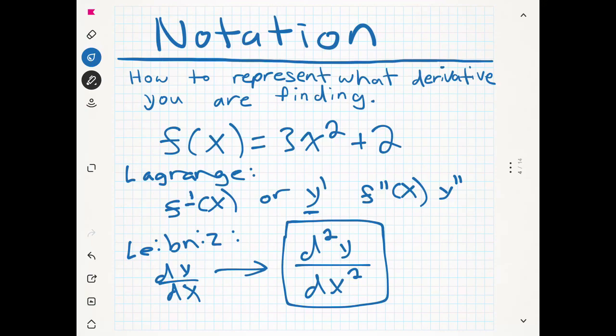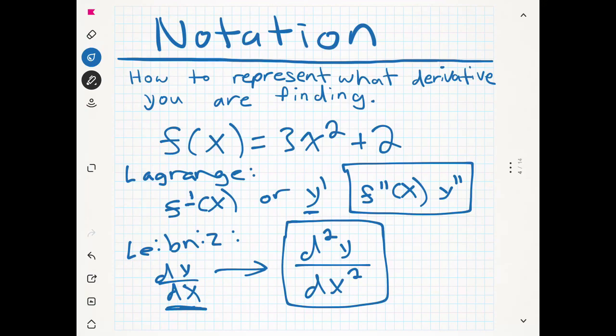So you have two ways of writing it, depending on which notation you want to use. With Lagrange, you write f double prime of x or y double prime. For Leibniz, you write d2y all over dx2. And this 2 does not mean you're taking an exponent. It just means you're finding the second derivative, because dy over dx is finding the first derivative.